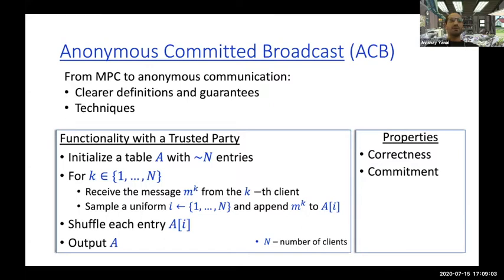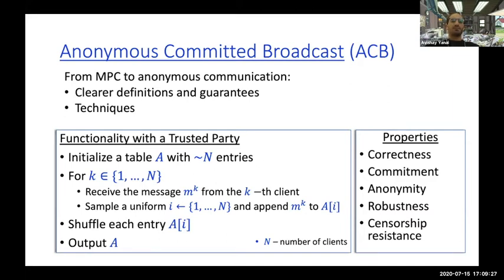This property is called commitment, and therefore we call our functionality anonymous committed broadcast. Anonymity means that nobody but the trusted party can associate a message to its source client. In addition, it's impossible to make the protocol crash, or prevent a client from sending a message, which we call censorship resistance.